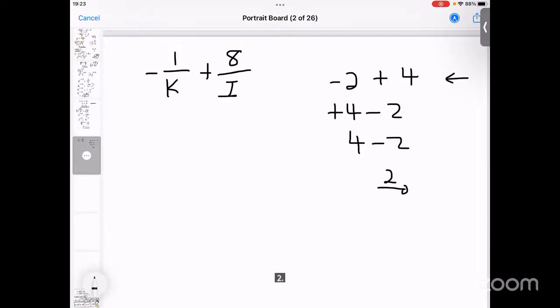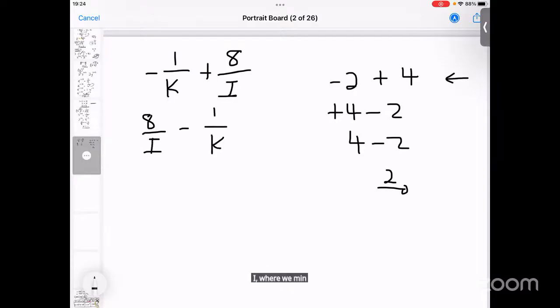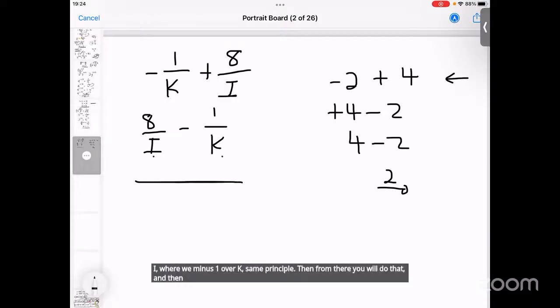So the same applies here, honorable member. If it's given in this format where they start with a negative, you can rewrite it as 8 over I, minus 1 over k. Same principle. Then you multiply those, becoming ik.